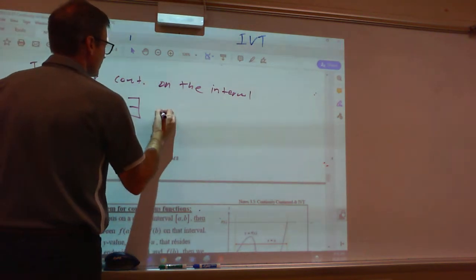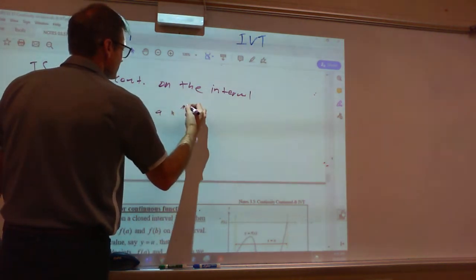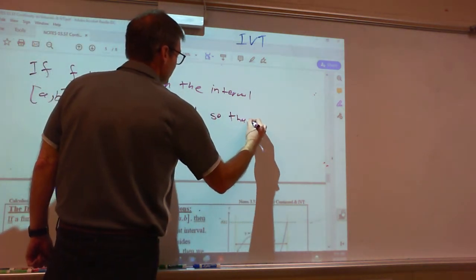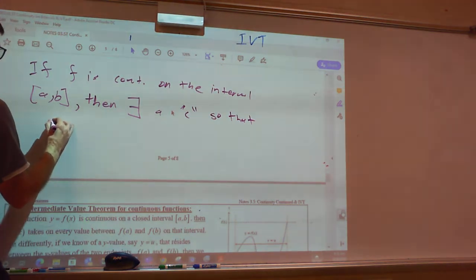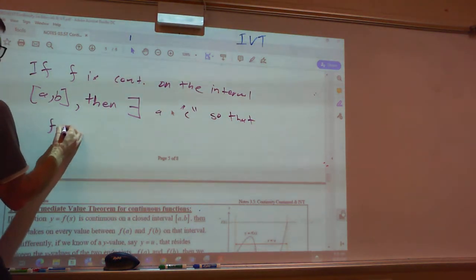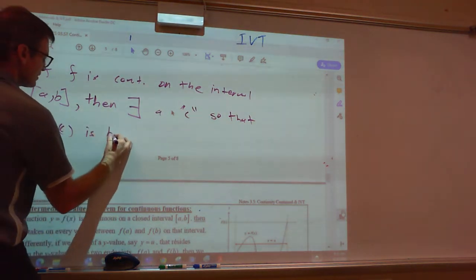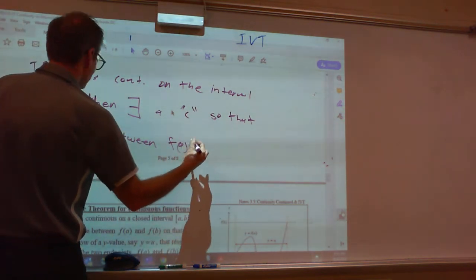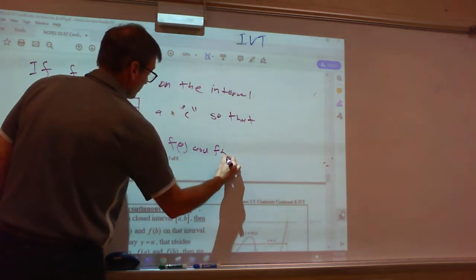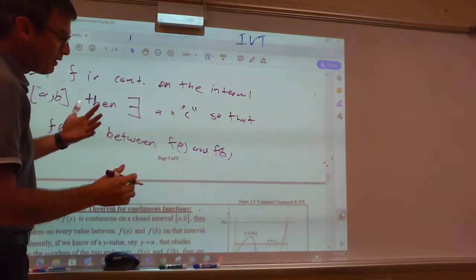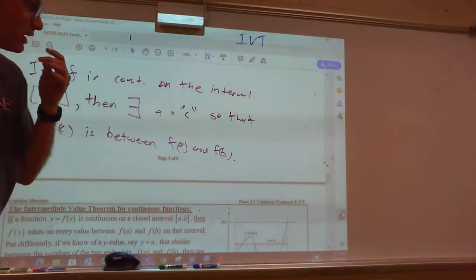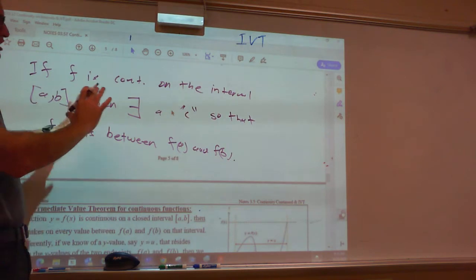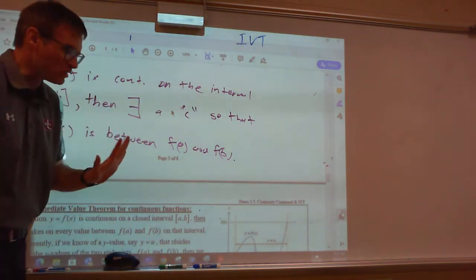There exists a magic value C so that f of C is between f of A and f of B. All right, that's my version, and I actually think that's the version that most textbooks use. All right, this seems way more complicated than it needs to be.